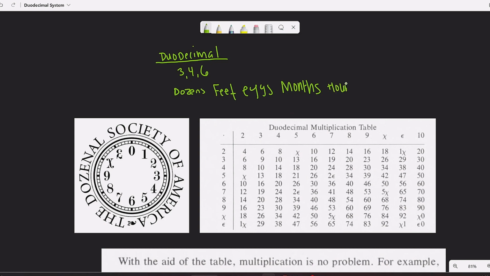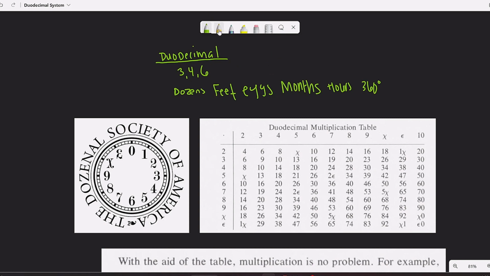And then 360 degrees in a circle, which is 12 times 30. So you can see that 12 pops up all over the place in our units of measurement. And so the case can be made for a duodecimal system.